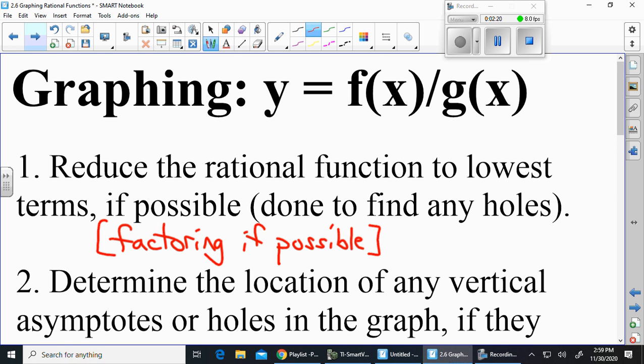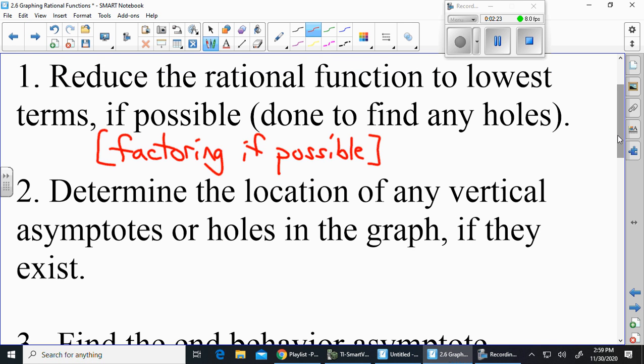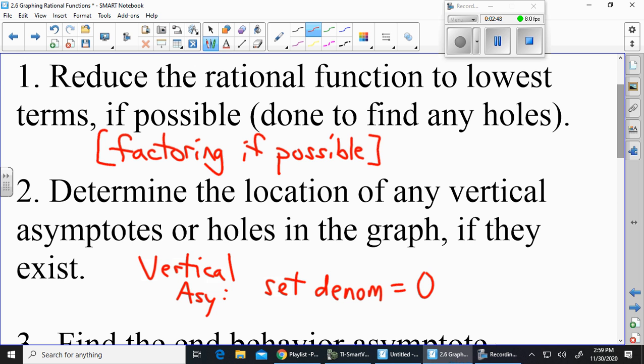Step 2: Determine the location of any vertical asymptotes or holes in the graph, if they exist. Well, how do you find your vertical asymptotes? Set the denominator equal to 0.